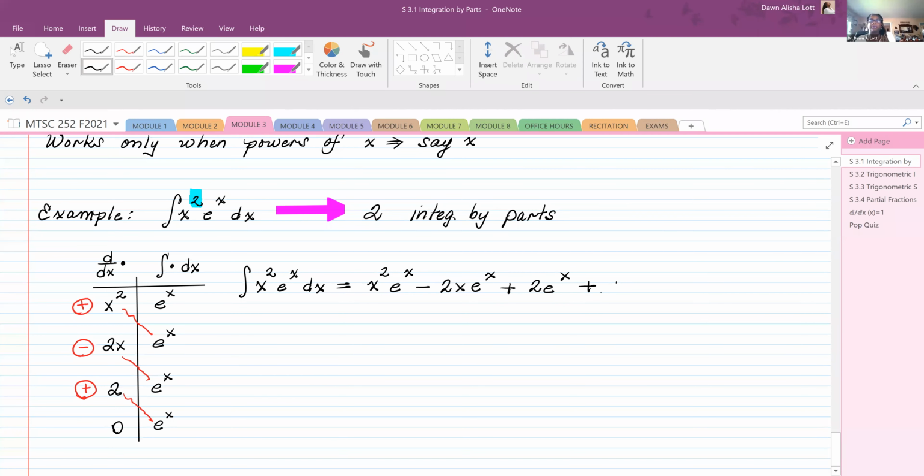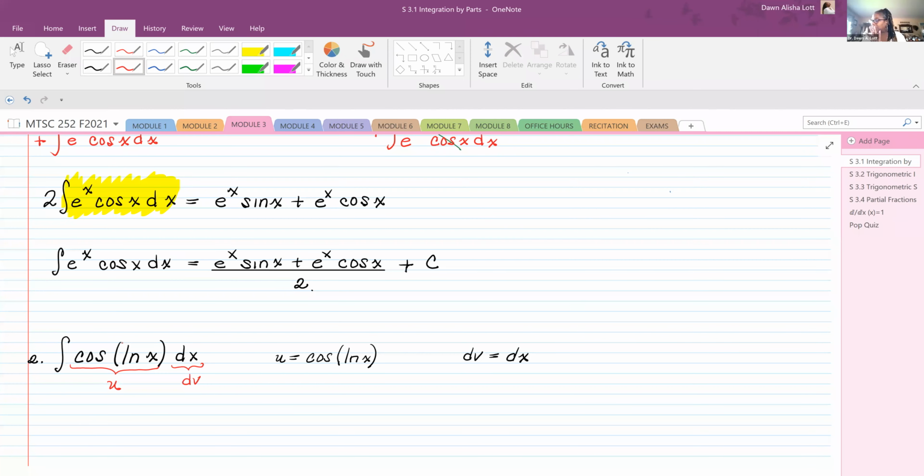That's one term, so the only thing that can be in this problem is a u. And if that's u, this has to be dv. Now, I don't want to switch them because I don't know how to integrate cosine log x. So that can't be dv. That's too hard. So for this problem, the only thing that could possibly be u is the cosine of the log of x. Do you understand that?